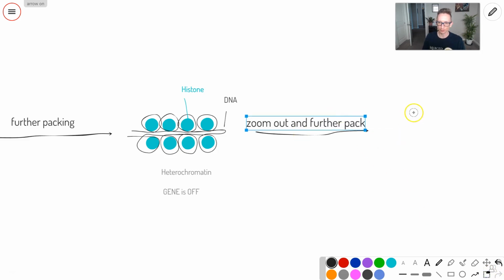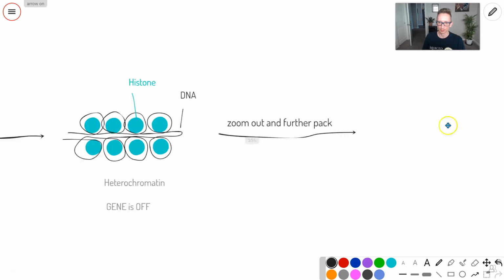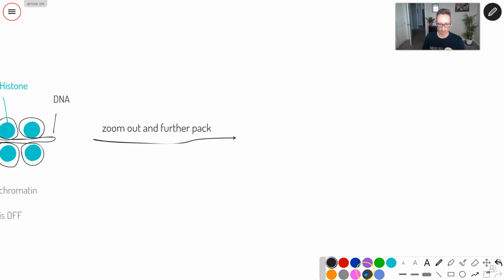So now I'm going to show you a DNA strand. Do it like this, I guess, because it's that DNA around those proteins. So this heterochromatin is what I'm showing you. Will then loop around.